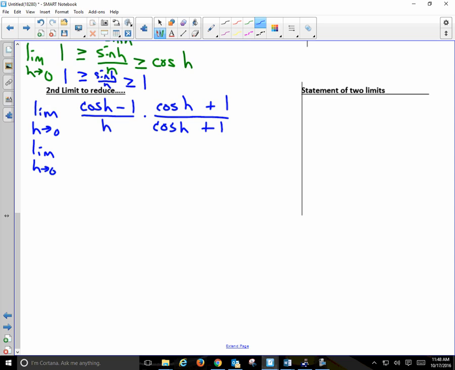If I multiply cosine of h minus 1 times cosine of h plus 1, what do I get? Anybody know what cosine squared minus 1 is?